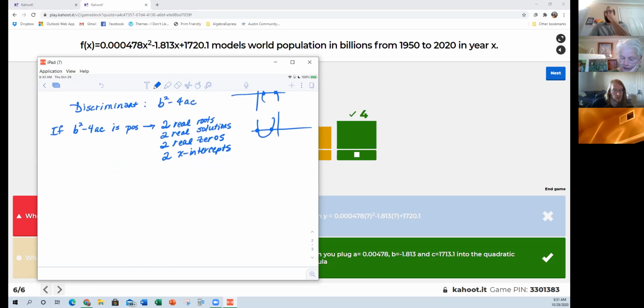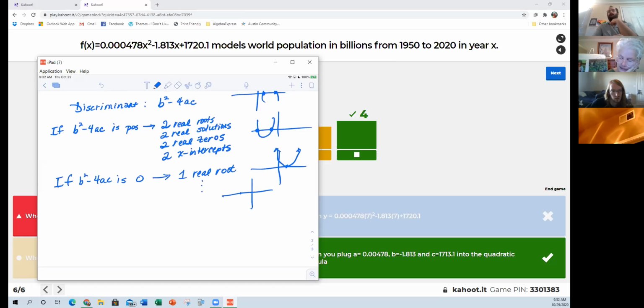If b squared minus 4ac is 0, that means you have 1 real root, or 1 of all of those. And what that means is that the vertex is going to be on the x-axis.